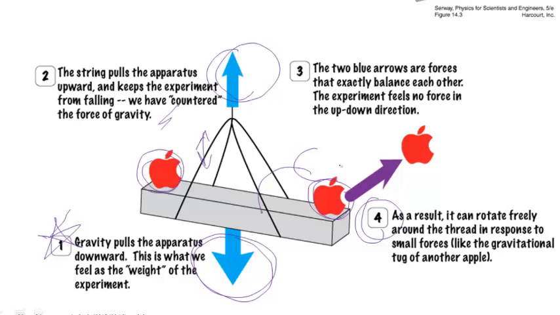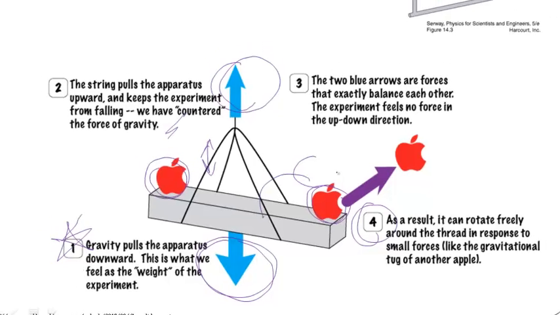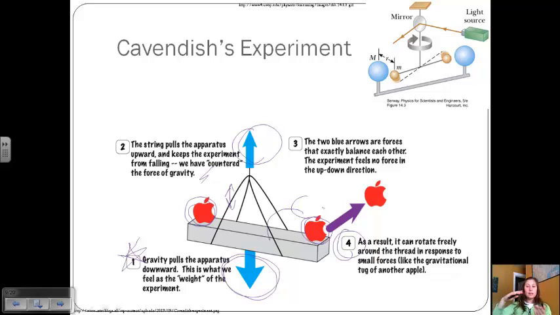And I can look at the relationship between the two objects without looking at up and down gravity. I'm only going to look at the horizontal force between them, and it's going to cause it to go in a circular motion. So I can experiment with putting my two objects closer and further away to look at the relationship of the force between them based on mass and distance.